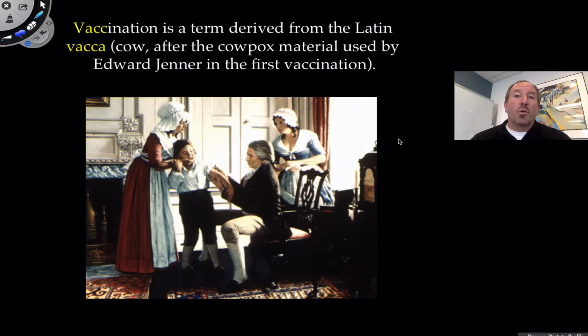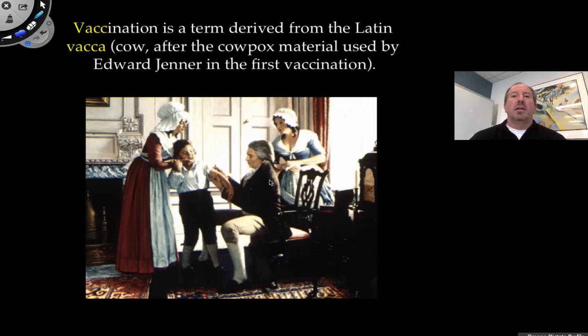So how in the world did vaccination begin? This isn't a short story, but I'll try to shorten it. It's a fascinating story. This is a picture of a physician known as Edward Jenner. Edward Jenner was a physician who was working very vigorously on patients who, very sadly, were infected with the deadly virus of smallpox.